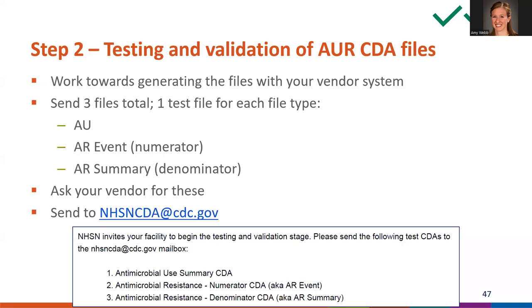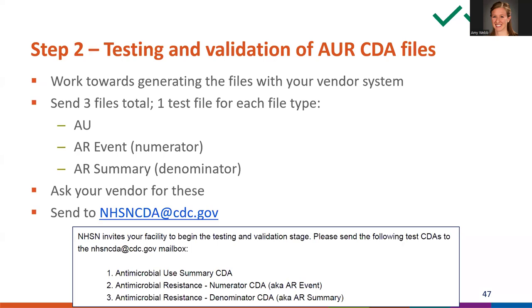If you have the files ready, or as soon as you have the files ready, you can send them to NHSN for validation. For that purpose, we need one file for each type, AU, AR event, and AR summary. Many vendors have these files available for you to use. So before you spend too much time trying to figure out what they are, please ask your vendor contact for them. It's important to remember that while we ask for test files, meaning fake data, and we do prefer test files, if you're not able to generate files with fake data, that's okay.